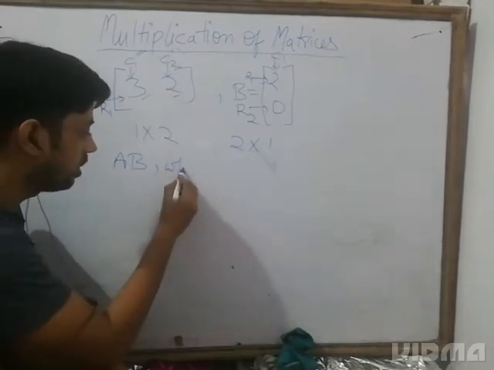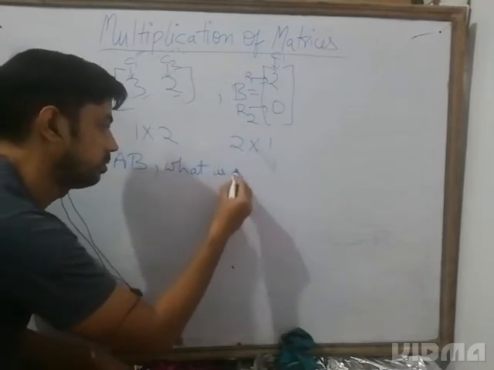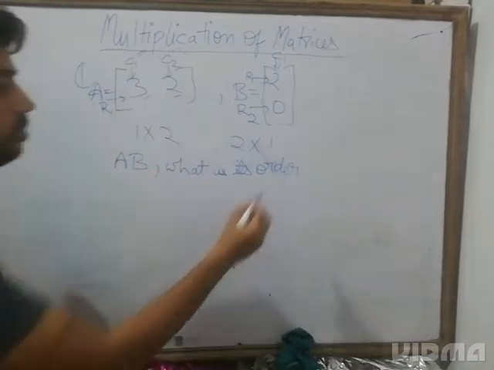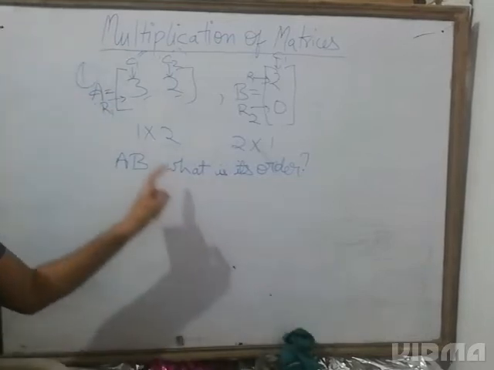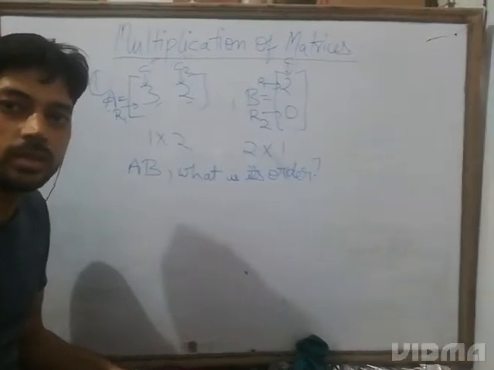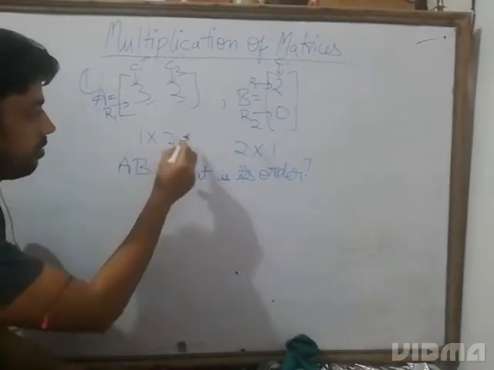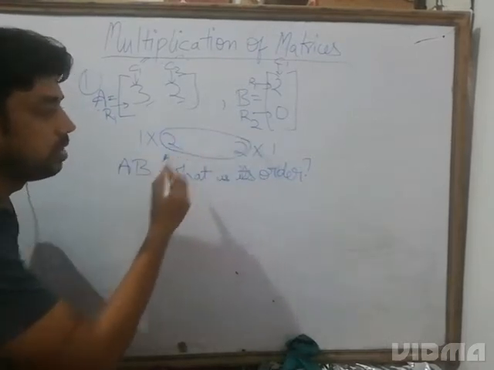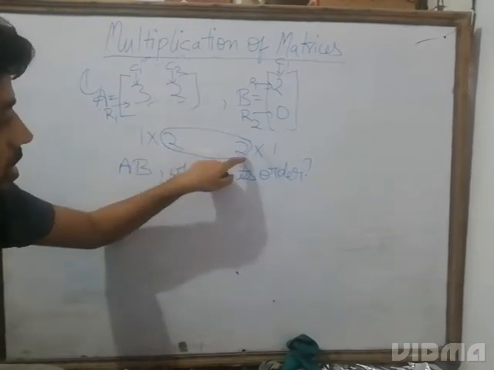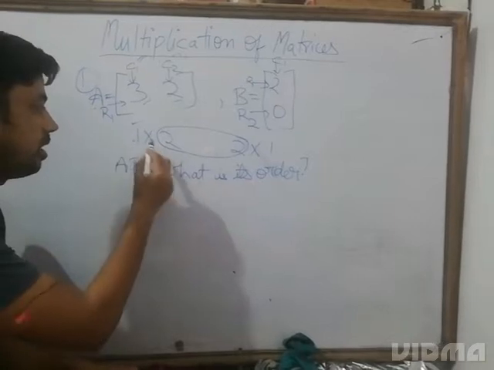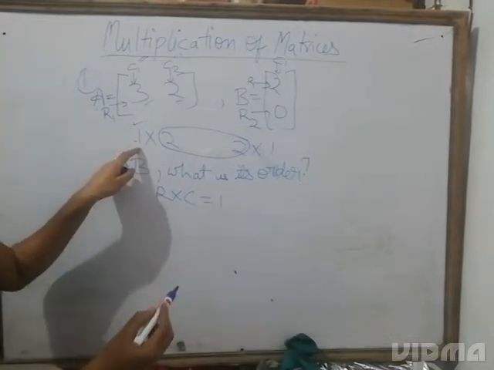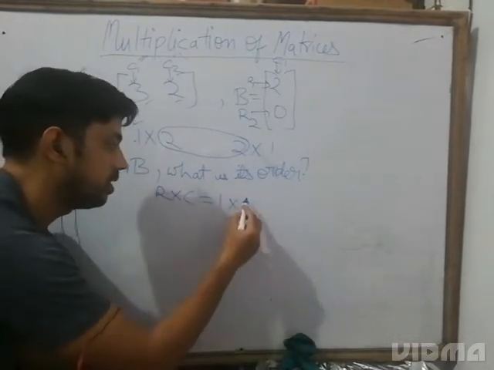what will be its order? See, we have to remove these middle numbers. The middle numbers we remove, and we take the left one as the row and the right one as the column.